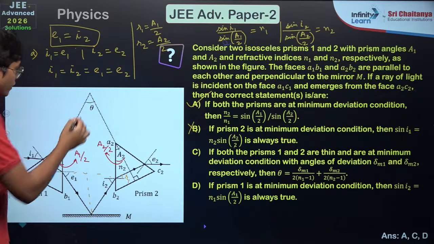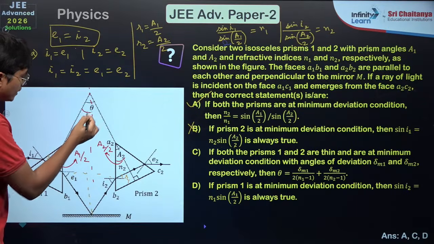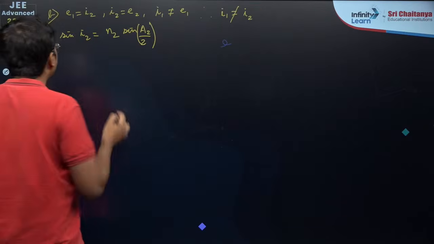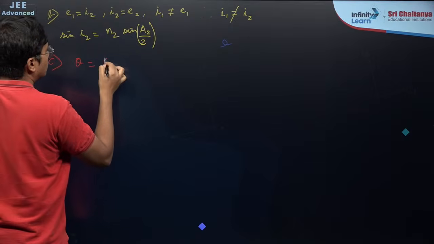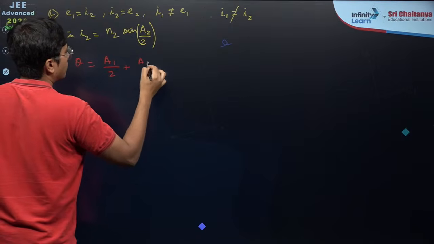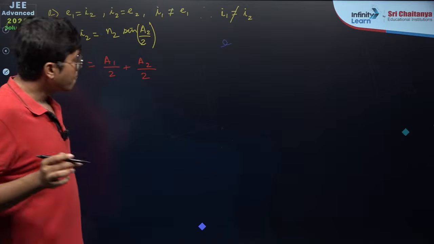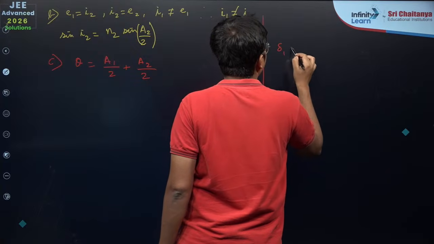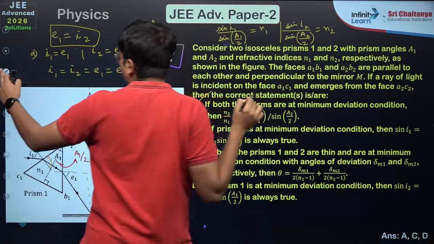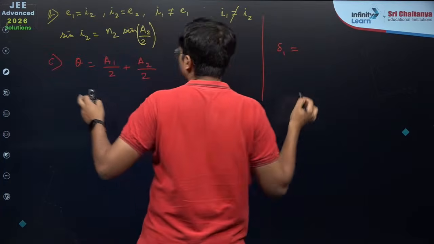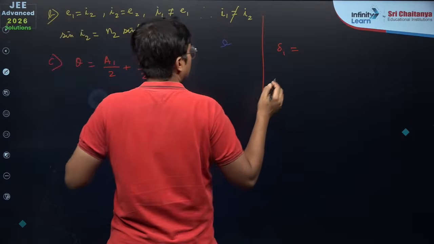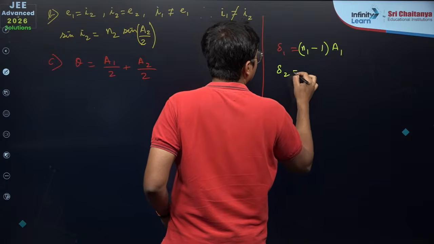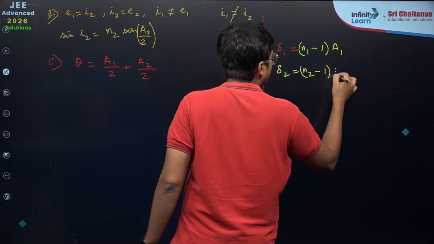And this theta, if you look at it, if I were to draw straight down, you see this angle is just this A1 by 2, this angle is just this A2 by 2. So theta basically for me is A1 by 2 plus A2 by 2, right? Now because these are thin prisms, I know the deviation delta 1 is equal to, oh, these are called n, not mu's. Let's just write it. N1 minus 1 times A1, and delta 2 is N2 minus 1 times A2.